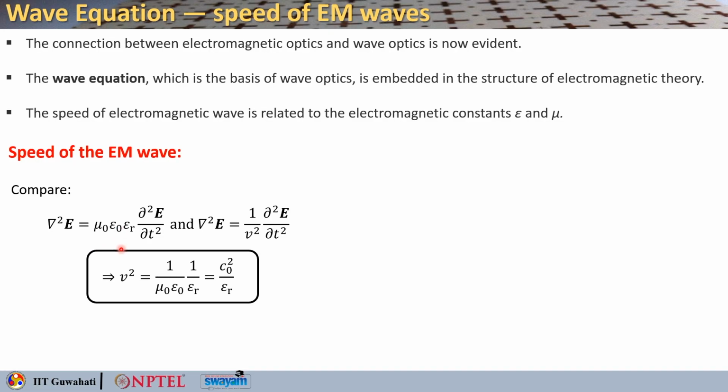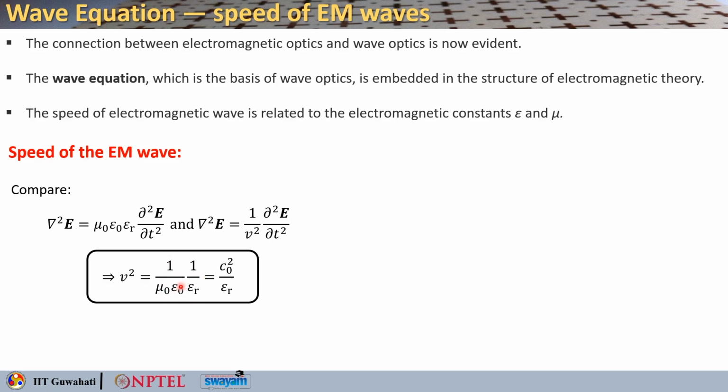Mu r is 1 in vacuum, and for most other materials as well. So, you take mu naught only. Epsilon can be written as epsilon naught, that is the vacuum permittivity, and the relative permittivity epsilon r, and then you have this term. If you compare it with the wave equation, you will see that this term is basically 1 by v square. So, you can say v square is basically 1 by mu naught epsilon naught times 1 by epsilon r.